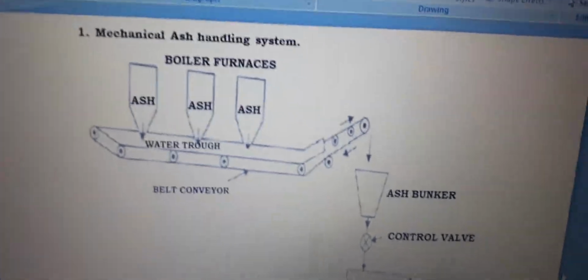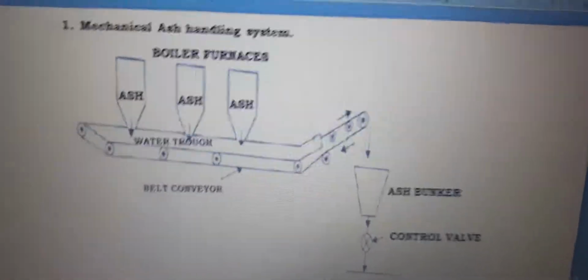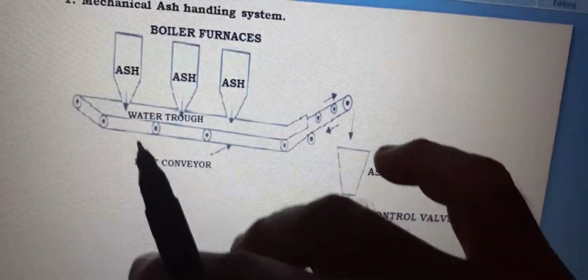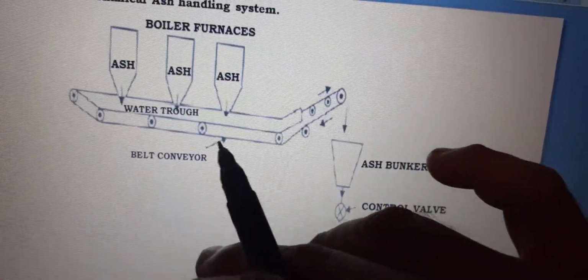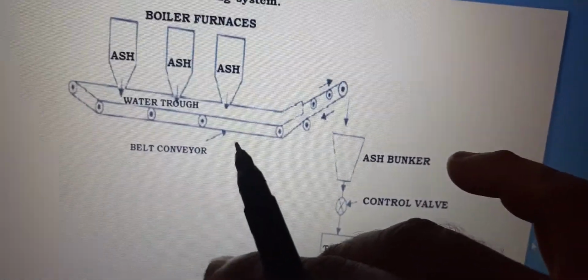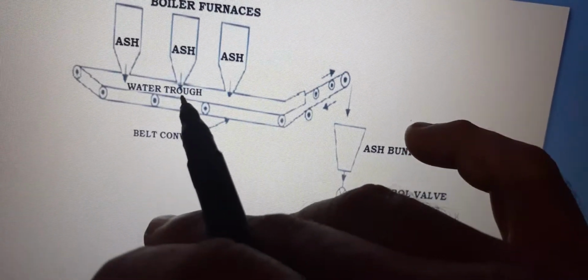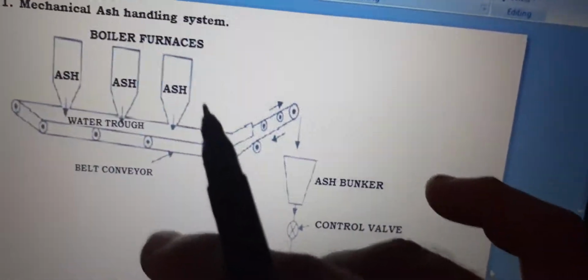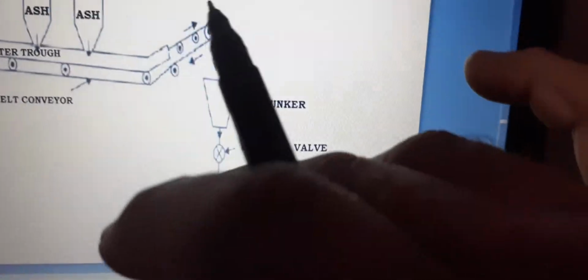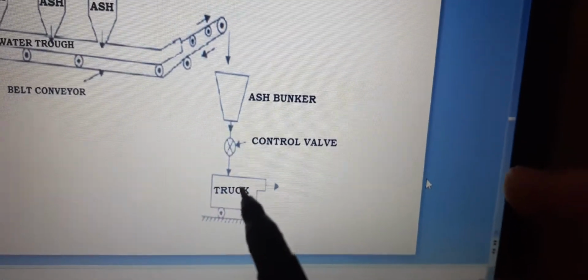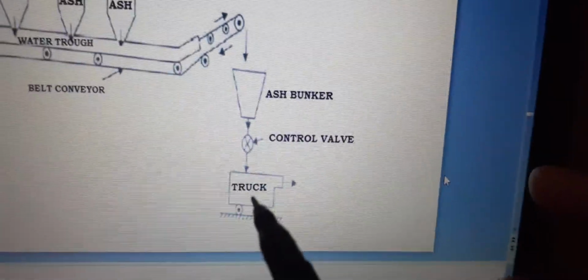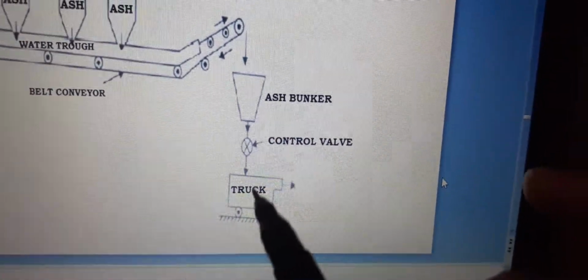First of all, the mechanical ash handling system. In that, you can see the boiler furnaces and the belt conveyor. This is the belt conveyor. The water trough is below that, and above that is the boiler furnace ash. And the ash bunker controls the ash, and it is fed into the truck over here.